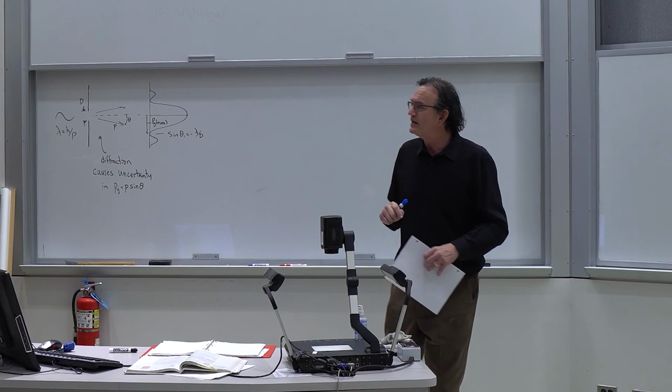Now, where does the inequality come from? The inequality comes from the fact that the value of the uncertainty in y I have put in here, in terms of maximum, is d over 2, right? That is true if I am measuring the position of the particle at the slit. But as soon as I go out to a different distance, the rays are diverging.